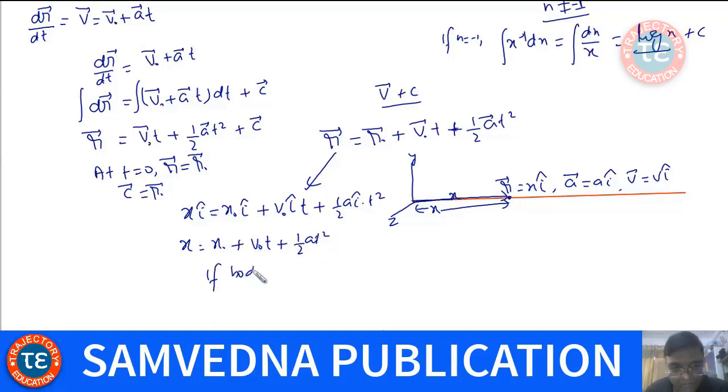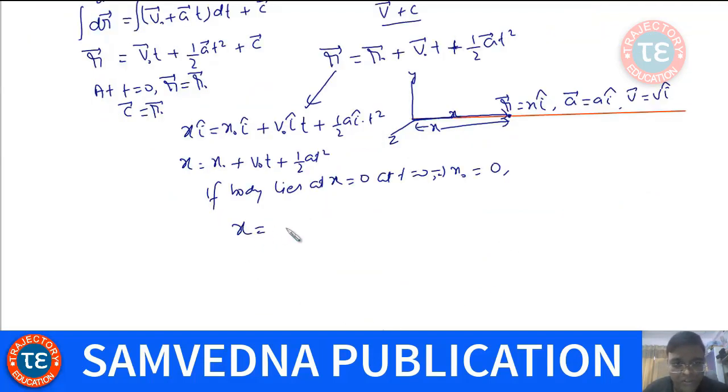And if the body lies at x equal to 0 at t equal to 0, suppose the body is at the origin at t equal to 0, then that means x naught is 0. Then your position is just given by x equals v naught t plus half a t square.